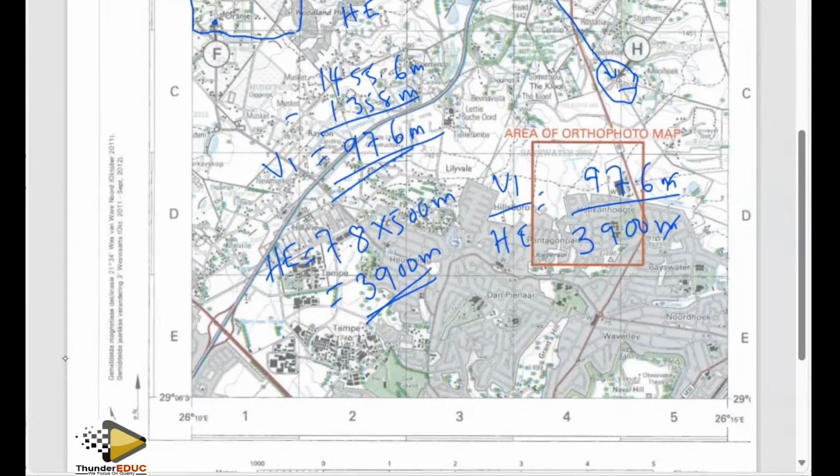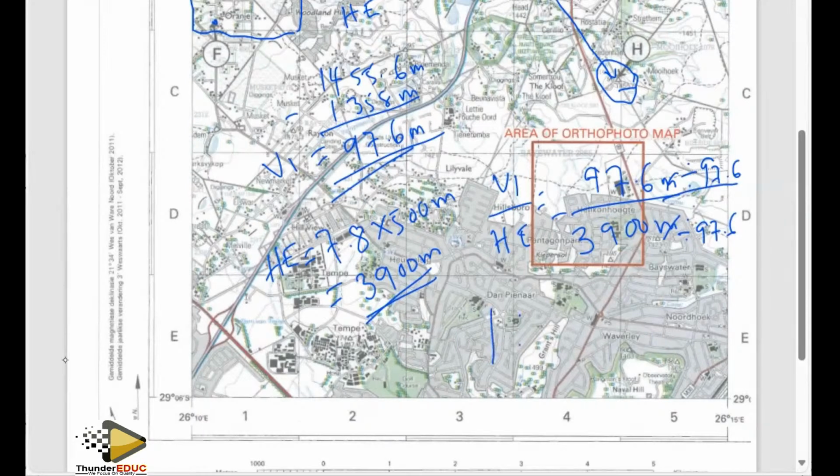Remember gradient, we have to make this one unit or equal to 1. The numerator has to be 1 always. So what do we make this one equal to 1? We divide the numerator by 97.6. And we also divide the denominator by the same value, 97.6. If we divide this on the numerator, we get 1.